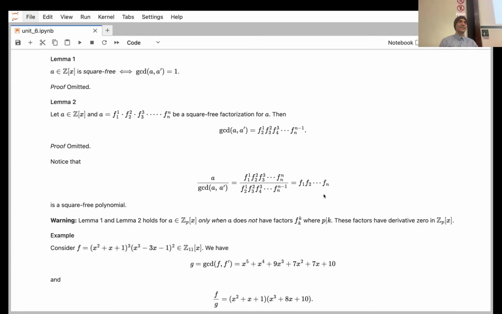So this is like taking 12 and reducing it to 6 and then factoring 6 and then going back and factoring 12. This is the data cleaning part of the factoring algorithm. So we don't have to worry about repeated roots while factoring. Okay, so that was the first step of our factoring algorithm.